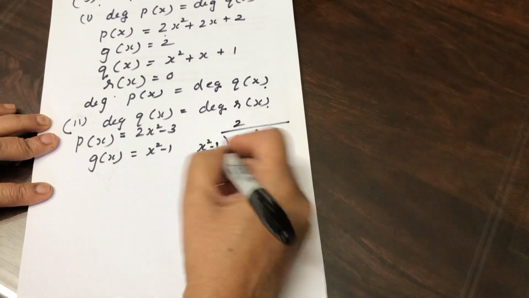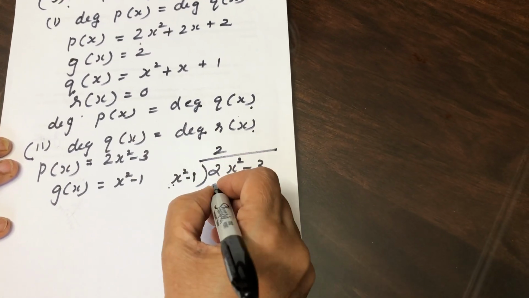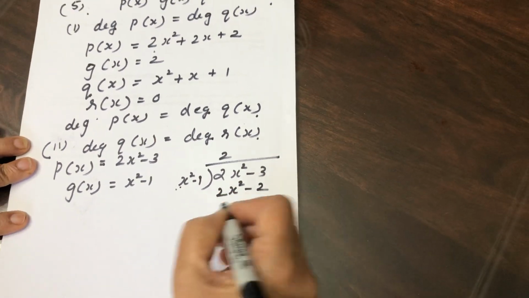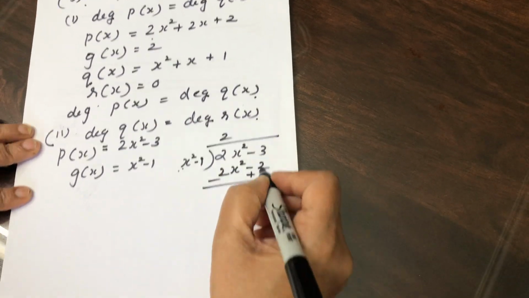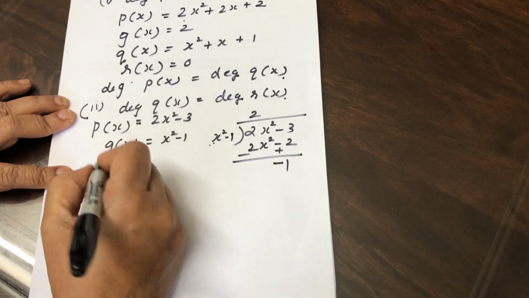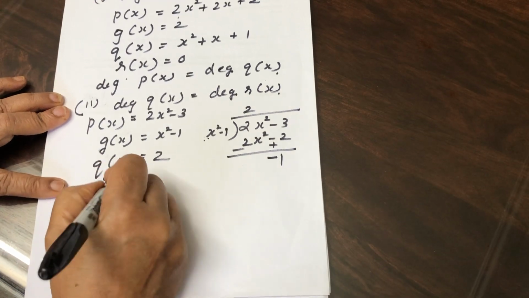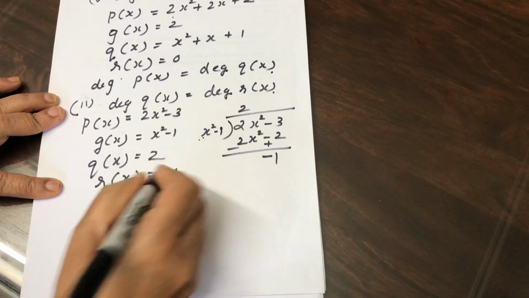I can take 2: 2x squared by x squared is 2. So it is 2x squared minus 2, minus plus, then remainder is minus 1. So therefore, what is our quotient? Quotient is 2. Our remainder is minus 1.